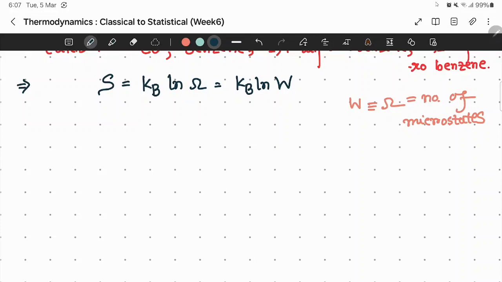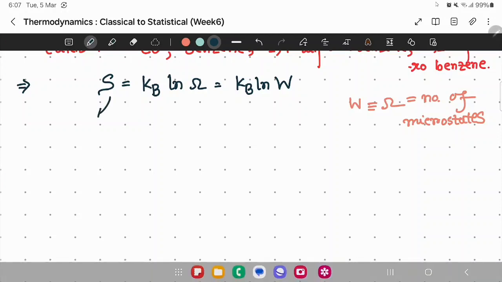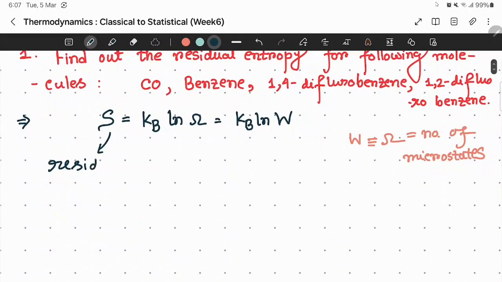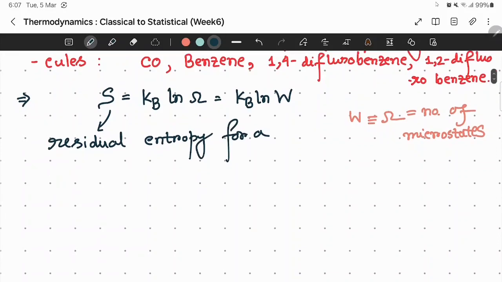Now we have to find out just W, and the rest is the same. But this is the residual entropy for a single molecule.